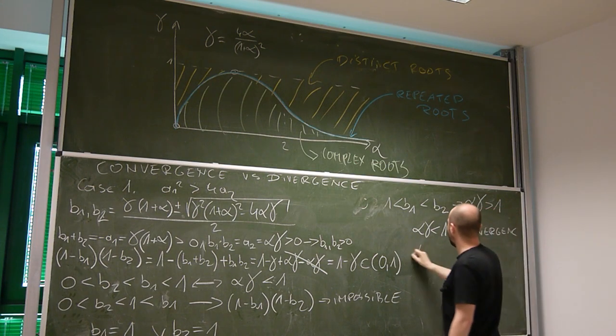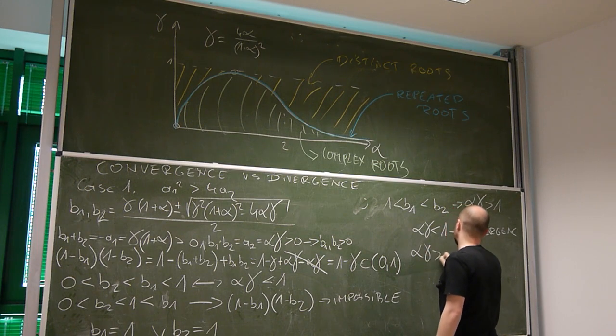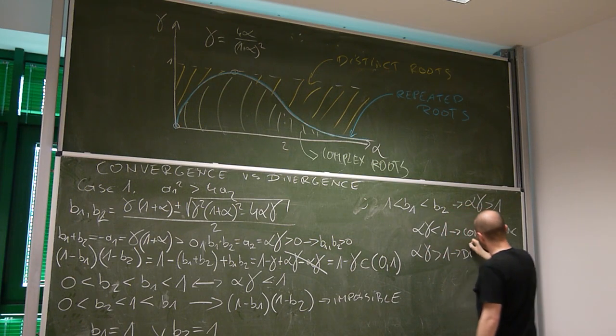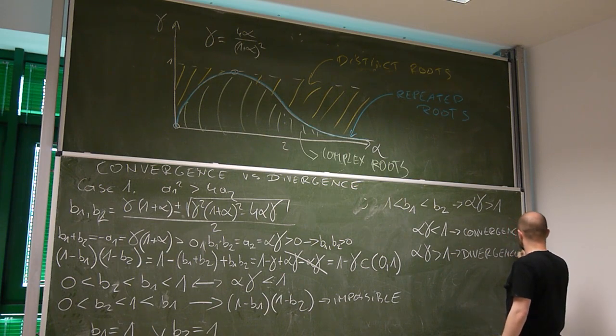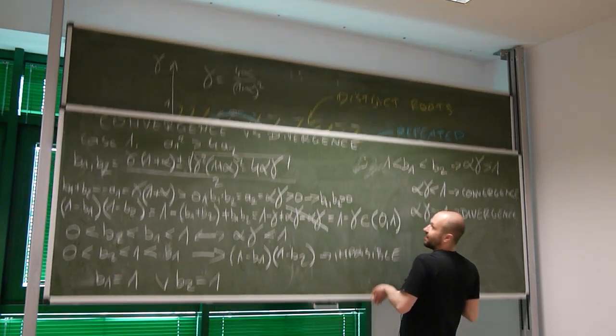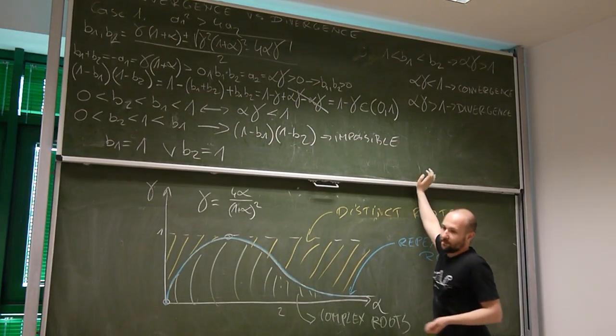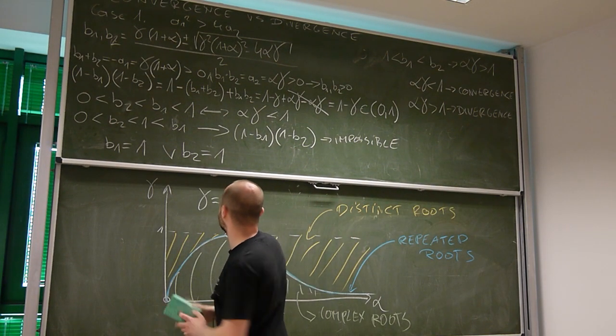On the other hand, if alpha times gamma is bigger than 1, we will have divergence. Okay. So now let's go to case number 2.